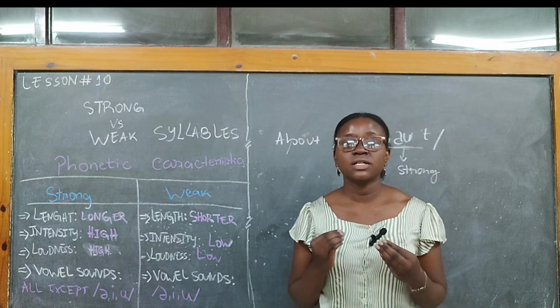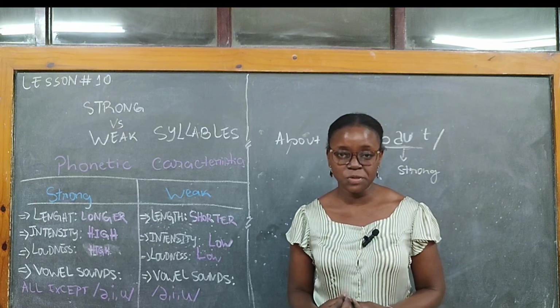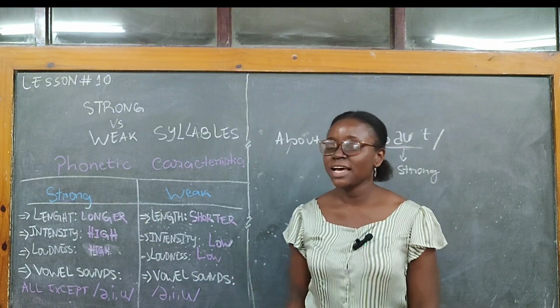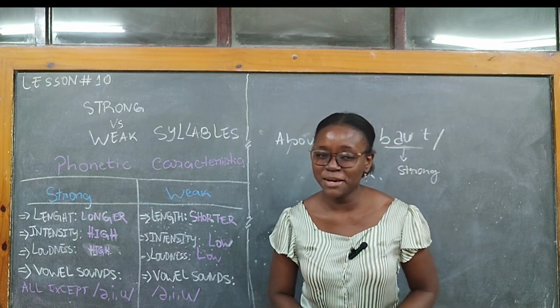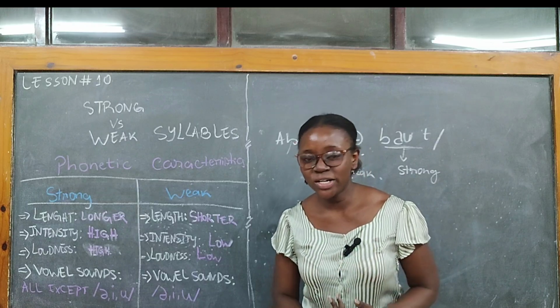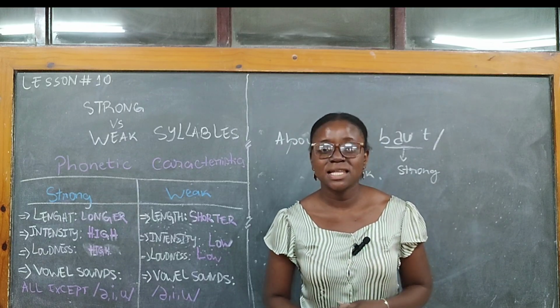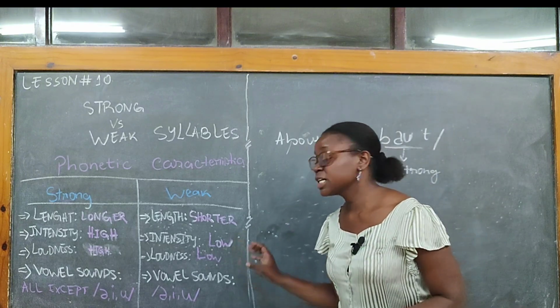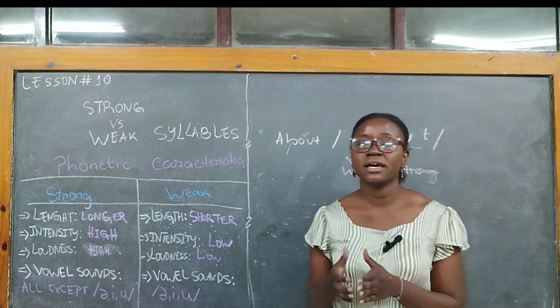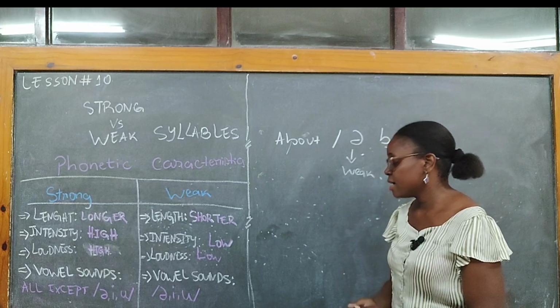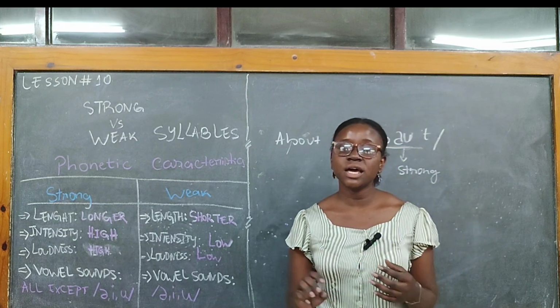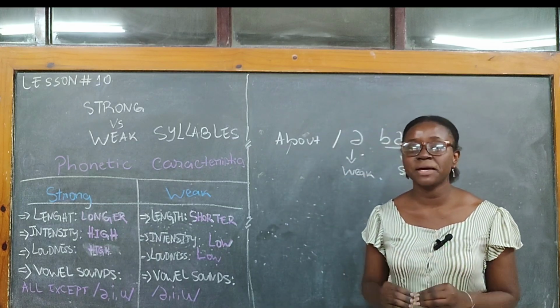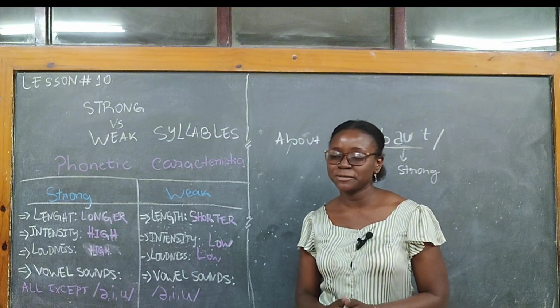These sounds do not make a strong syllable. Now, the weak syllables: they are shorter in length with lower intensity, less loudness, and of course, the common sounds that make a weak syllable are the schwa, the short i, and the short u. These sounds make a weak syllable.